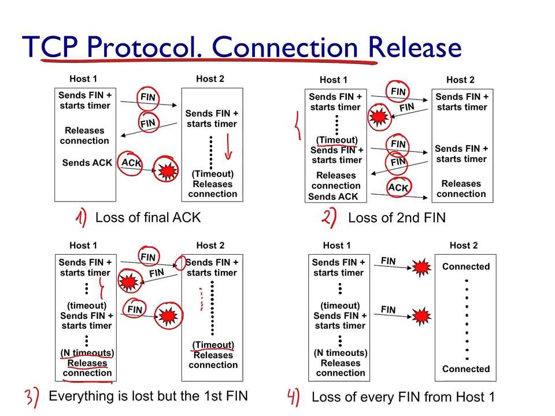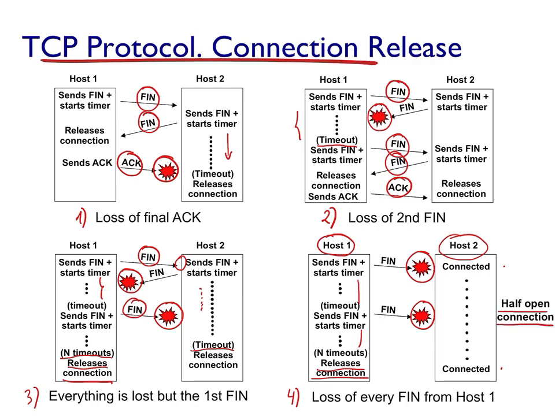And the final situation, the fourth one, is that everything is lost from host 1. So we are connected. Host 1 is trying to disconnect. No way. Several trials, several timeouts, release the connection. And host 2 is still connected.